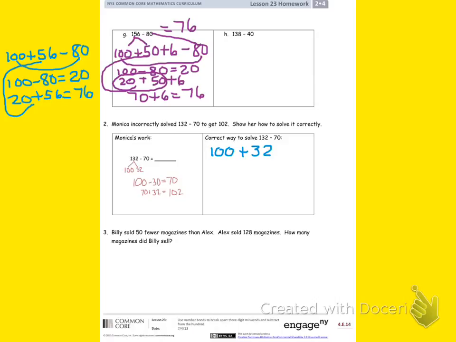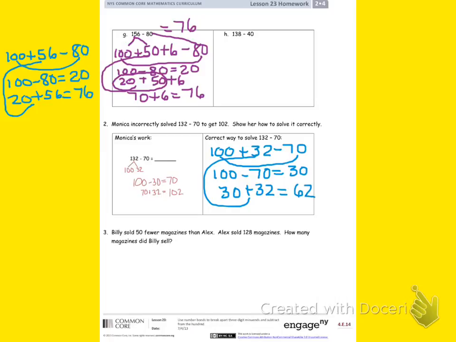And then here's what she forgot, to write minus 70. On the next step, she wrote 100 minus 30 when she should have written 100 minus 70 equals 30. Then she should have taken that 30 and added in the 32. And that equals 62.